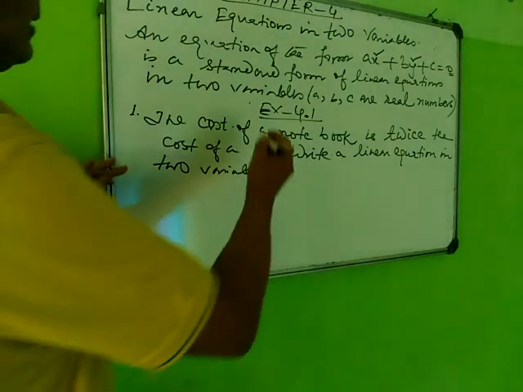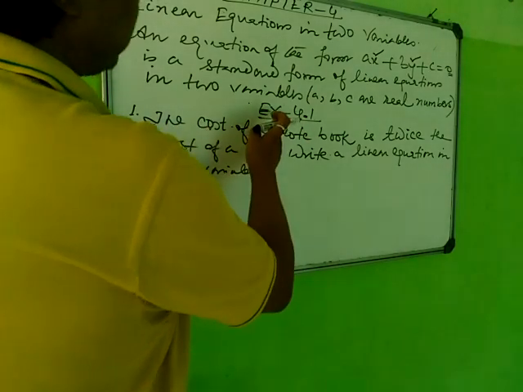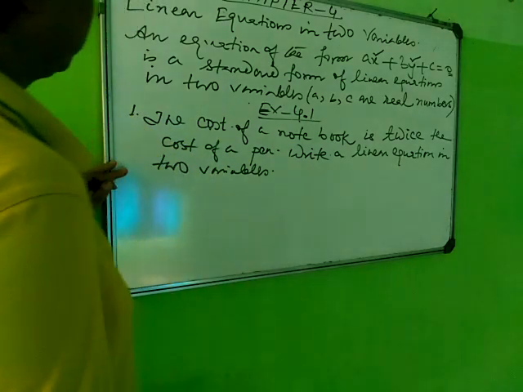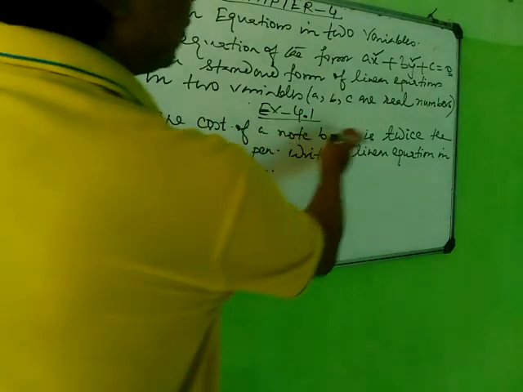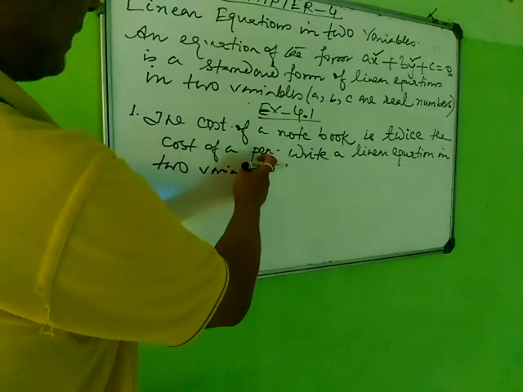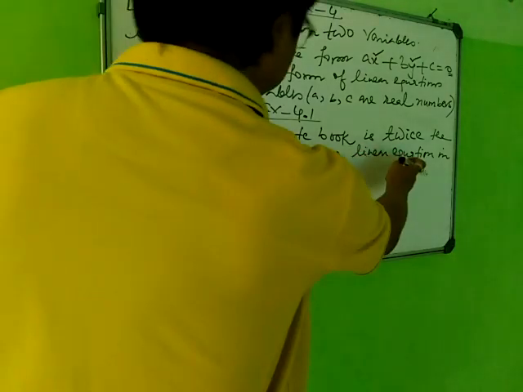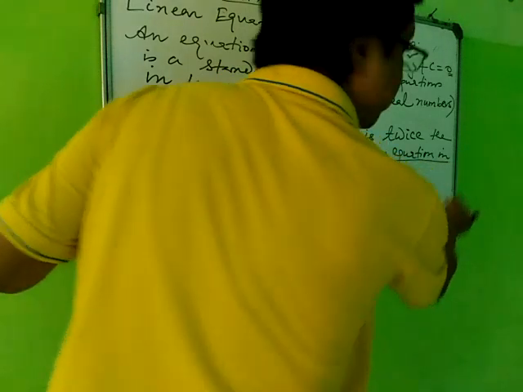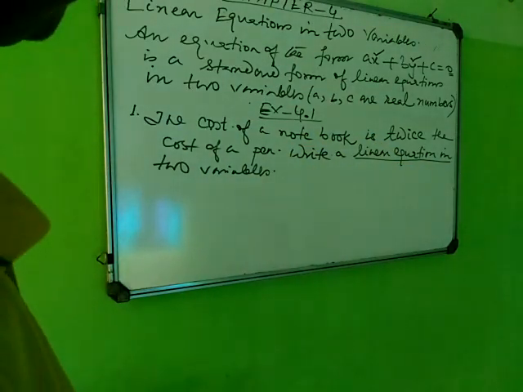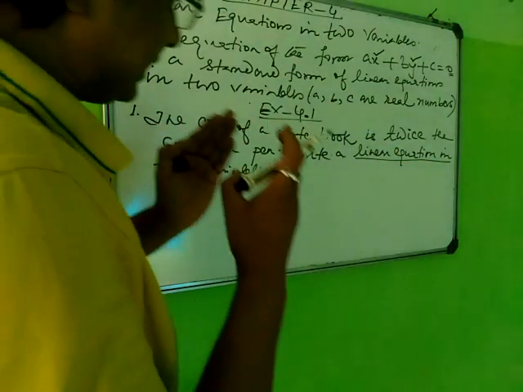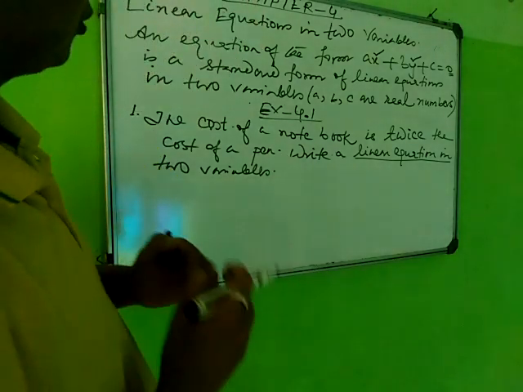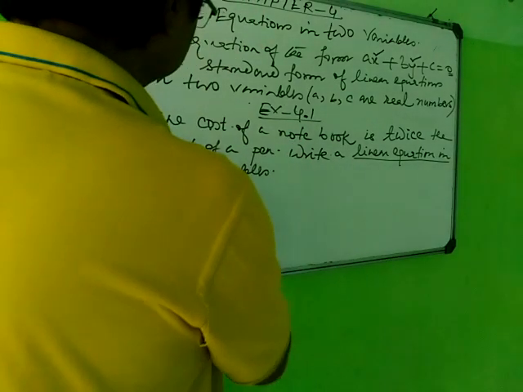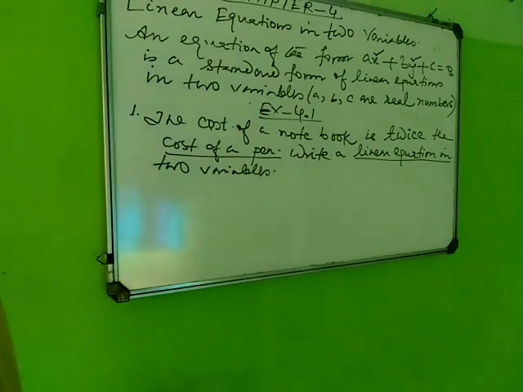Now let us take the first question from exercise 4.1. The cost of a notebook is twice the cost of a pen. Write a linear equation in two variables. So you are to form the linear equation in two variables, and the equation will be formed between the cost of a notebook and the cost of a pen.